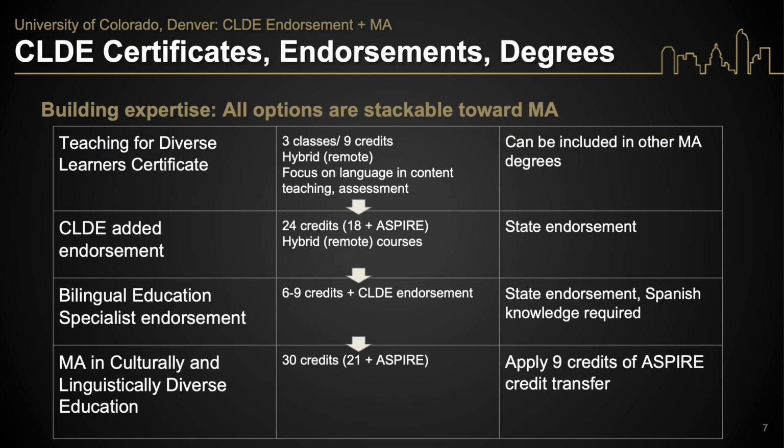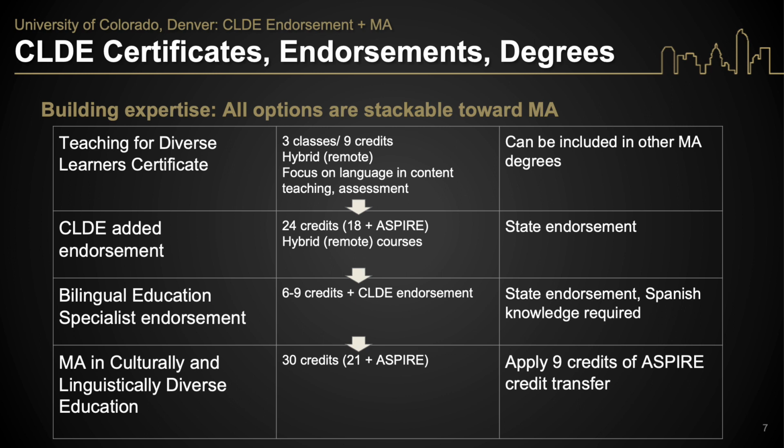In terms of the degrees and certificates that we offer, you can range from a small certificate that you're embedding within an existing master's degree. That's our Teaching for Diverse Learners certificate. It is 3 classes or 9 credits. It can be included in the Curriculum and Instruction Critical Pedagogy MA that you may want to consider as an Aspire graduate.